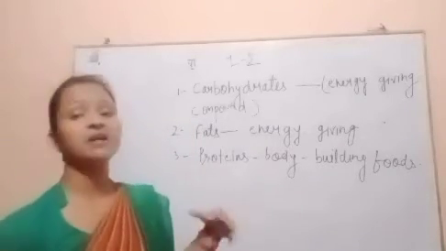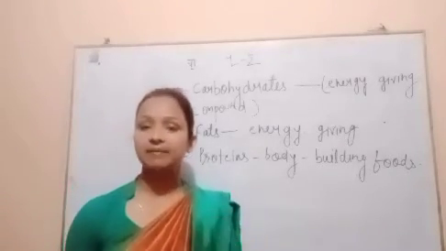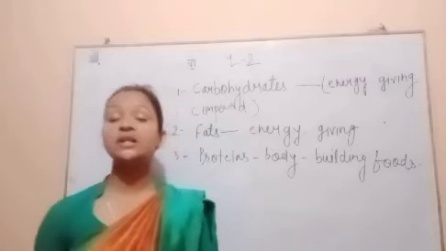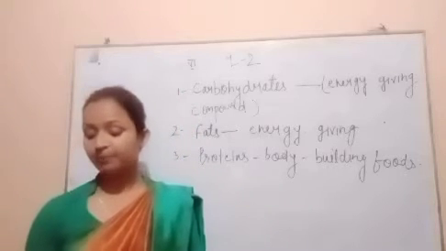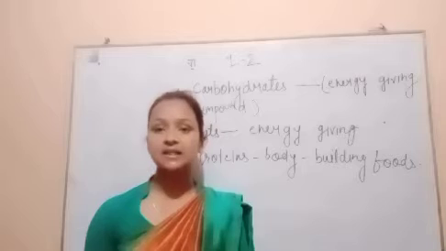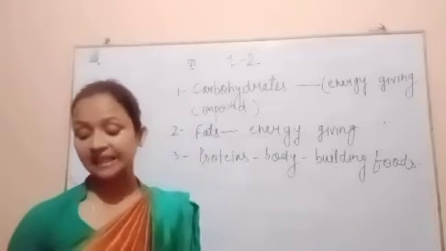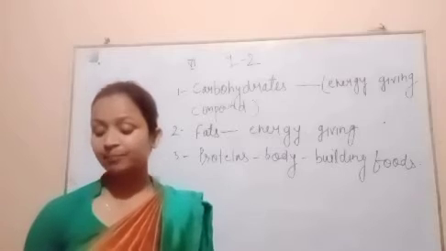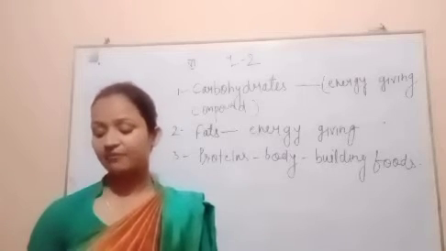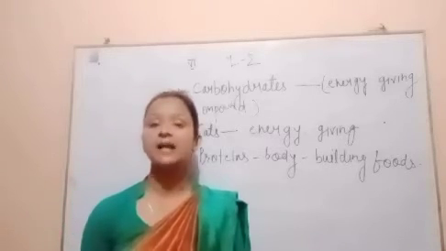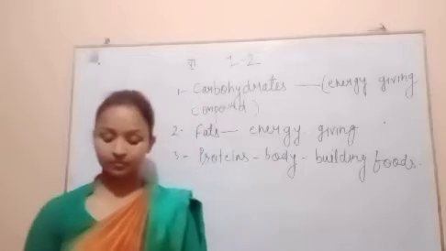So proteins play a vital role in our body. Protein sources of plant origin include pulses, that is soya bean, peas, and to a lesser extent cereals. Meat, eggs, cheese, milk, and fish provide proteins of animal origin.